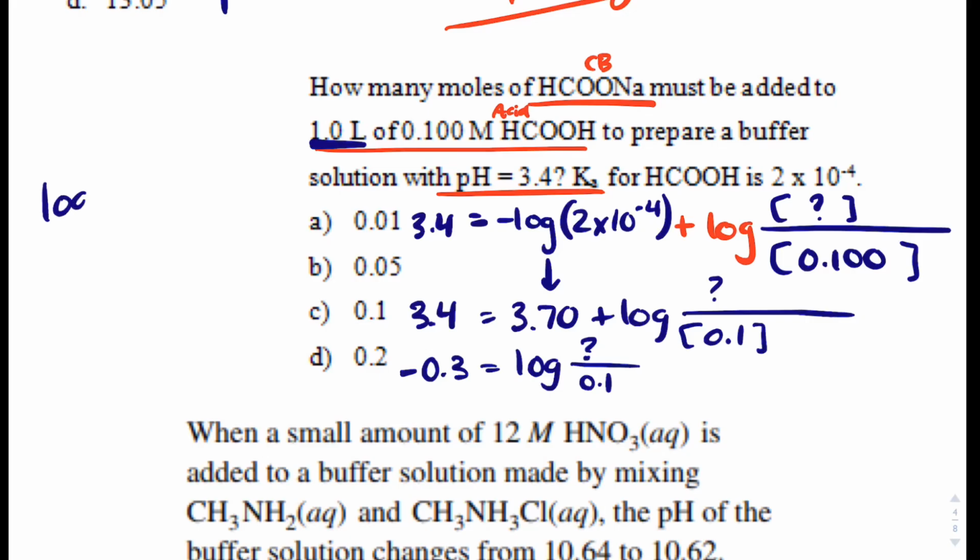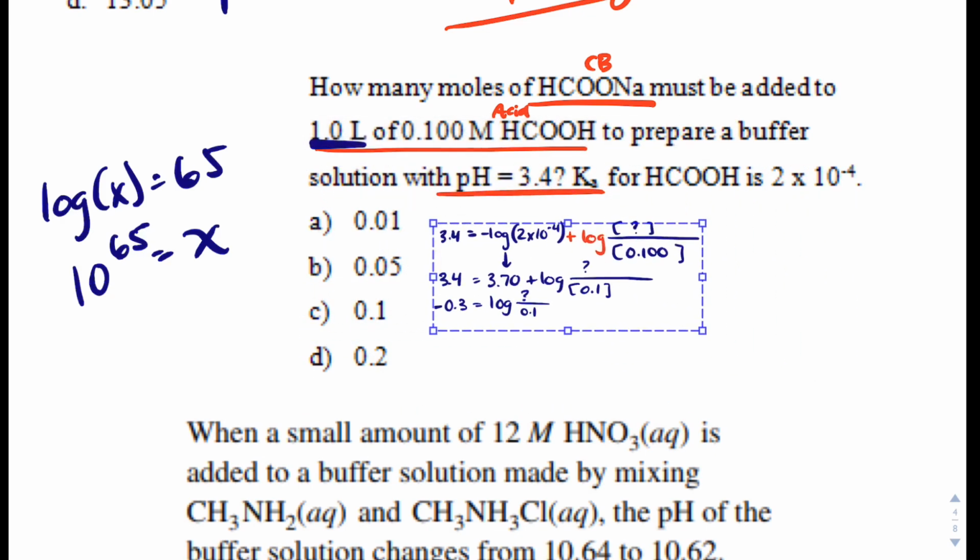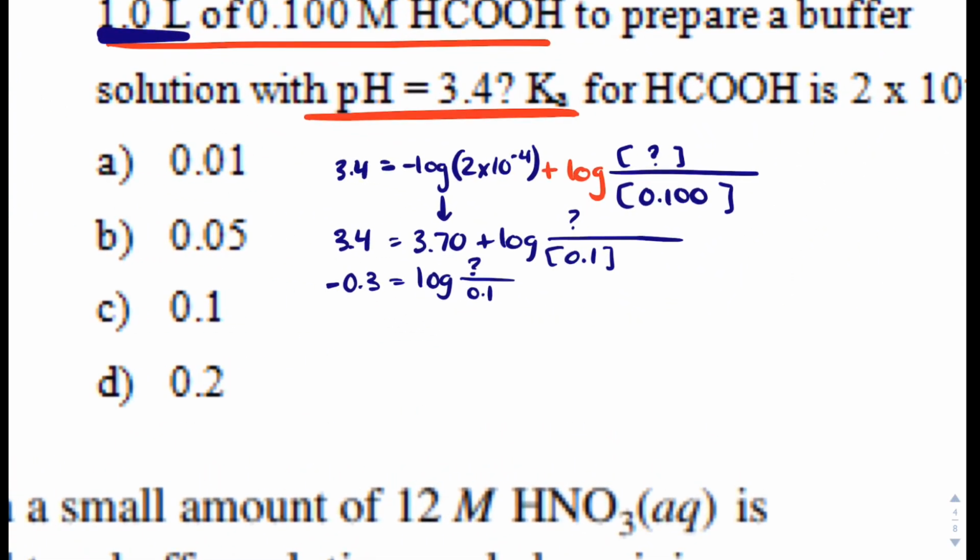So if we had log of x equals 65, we would take 10 to the 65th power equals x. So what you need to do here, I'm going to make this a little bit smaller, is we need to end up taking 10 to the minus 0.3 equals question mark divided by 0.1.